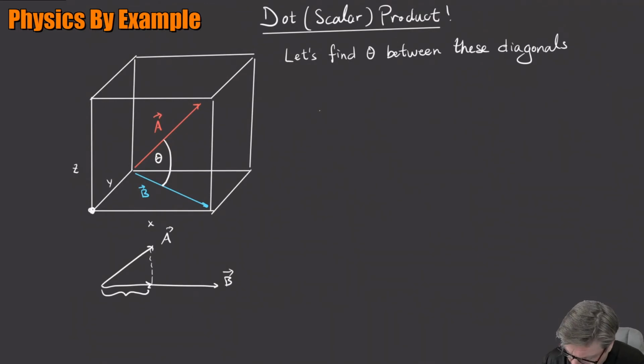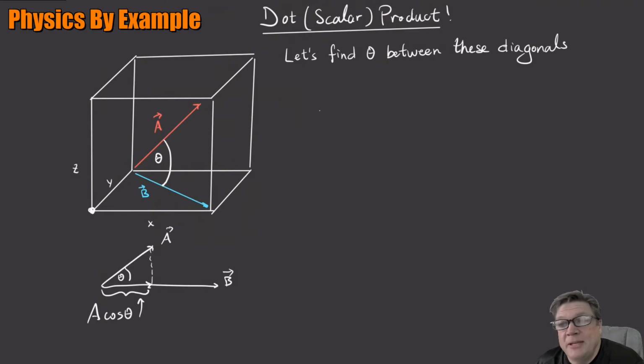If there's an angle theta between these vectors, what is the amount of A that's going in B's direction? Well, if you just use your trig, A cosine theta is the amount of A that's going in B's direction.